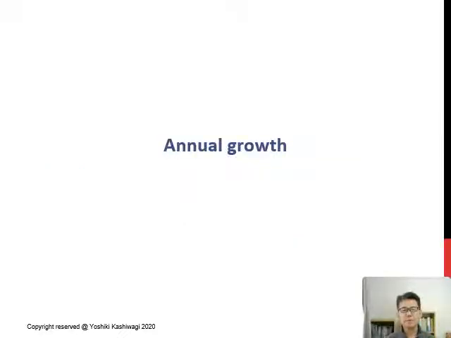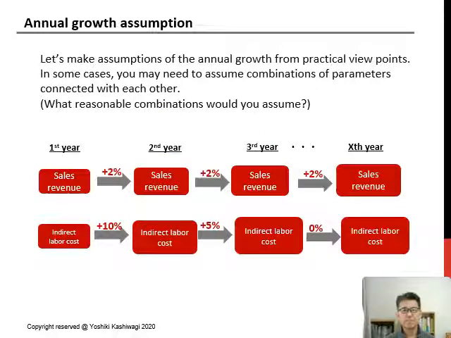Let's talk about annual growth. Now we talked about the amount in the first year, but we are going to make a business plan for certain years. In my case, it's a 5-year plan. So you can change it to 10 years or 8 years or 3 years, but you have to think about how you grow your business in the coming years.